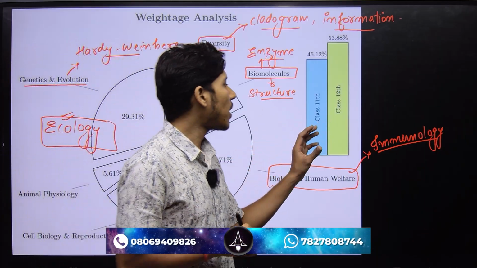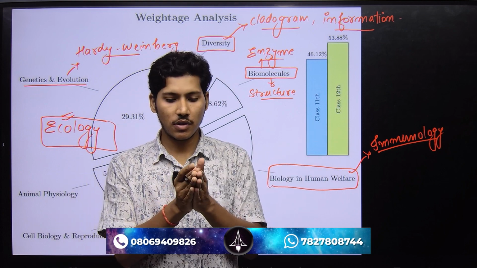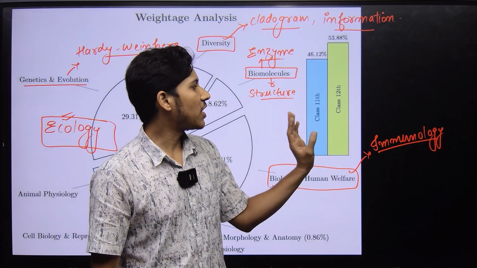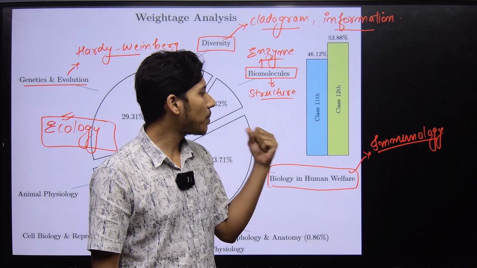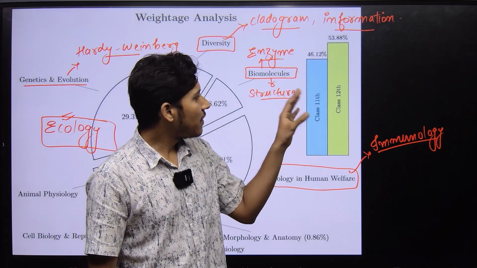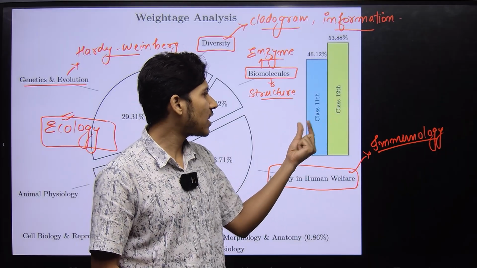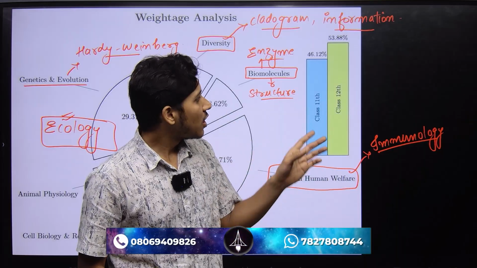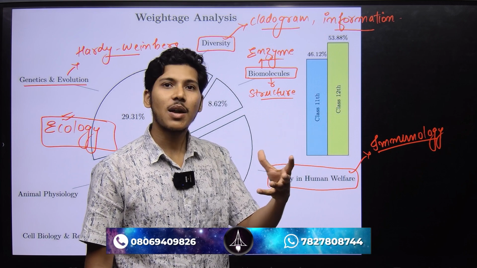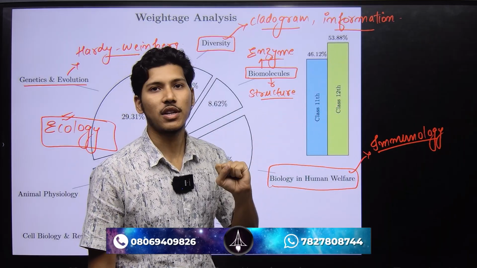If we talk about the division of topics from 11th class and 12th class and try to segregate them, the topics in 12th class, since they are more conceptual, are asked more frequently than those of 11th class.